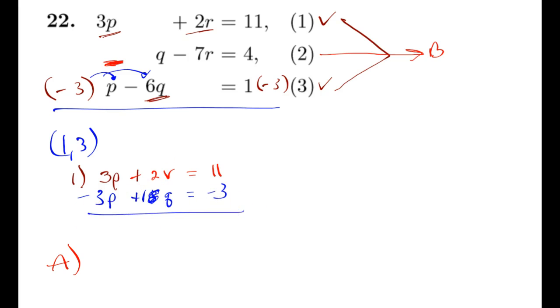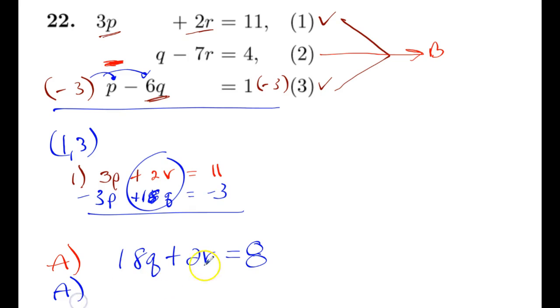So the deal is you can't add this. So let's just leave equation A as 18q plus 2r equals 8. But instead of that being equation A, I think I would let equation A be half of that. Again, it just makes my numbers a little bit smaller.